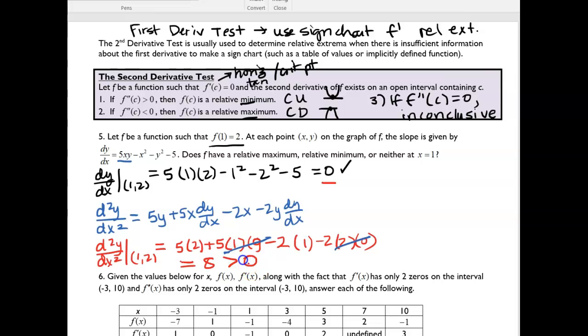8 is greater than 0. So that means our graph is concave up, which would mean we would have a relative minimum. Okay, so we do still have to write our justification here.